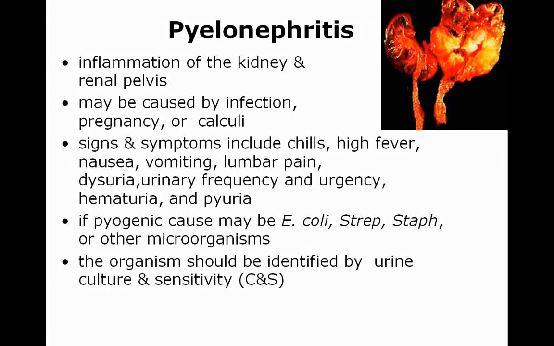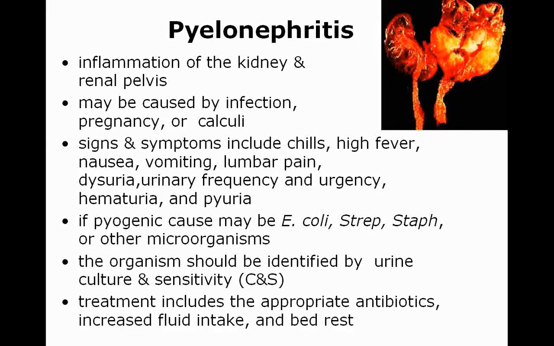The urine culture is performed to determine what organism is causing the inflammation, and the sensitivity part of it is performed to determine which antibiotics the organisms are sensitive to, or which antibiotics will be useful in destroying those organisms. Culture and sensitivity studies. So the appropriate antibiotics will be used in treatment.